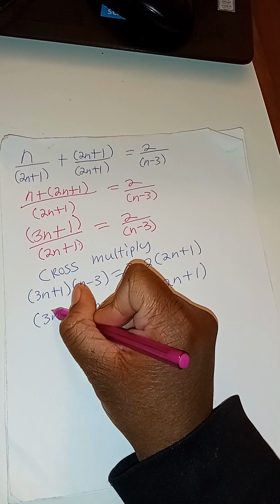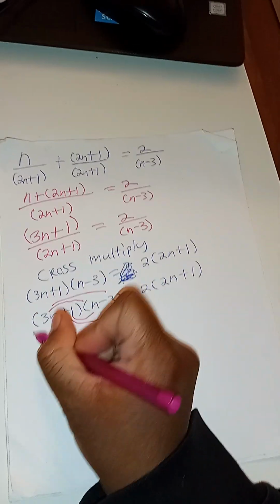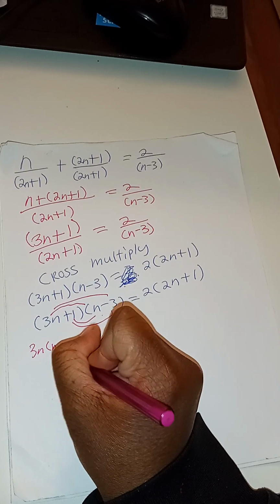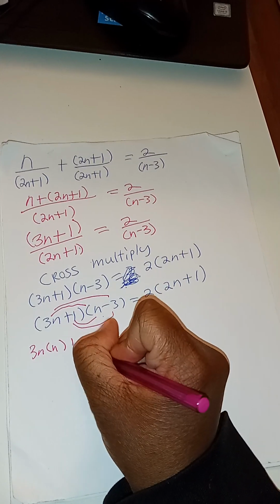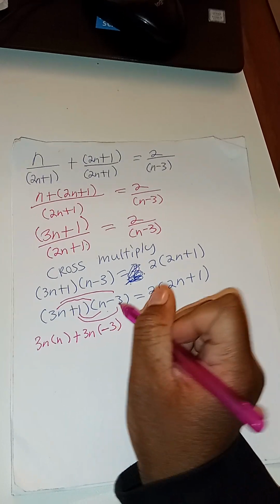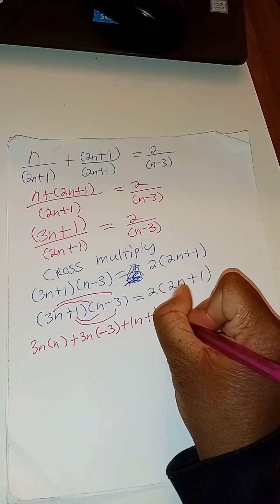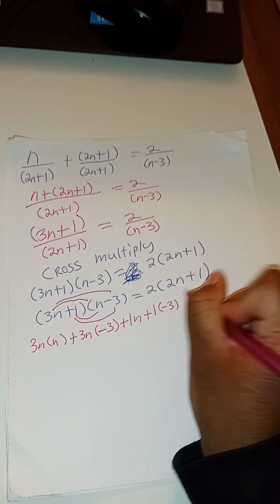So when we're foiling on the left-hand side, it's outer, outer, inner, inner. So it's going to be 3n times n plus 3n times negative 3 plus 1n plus 1 times negative 3.